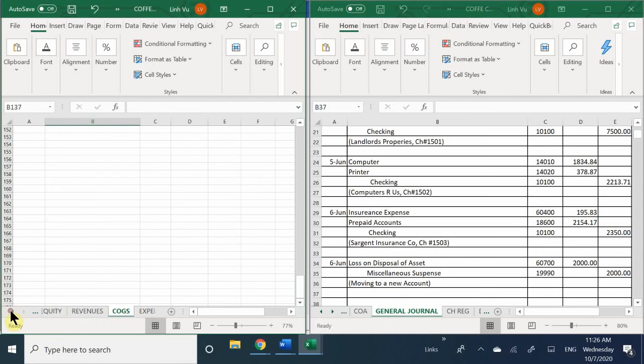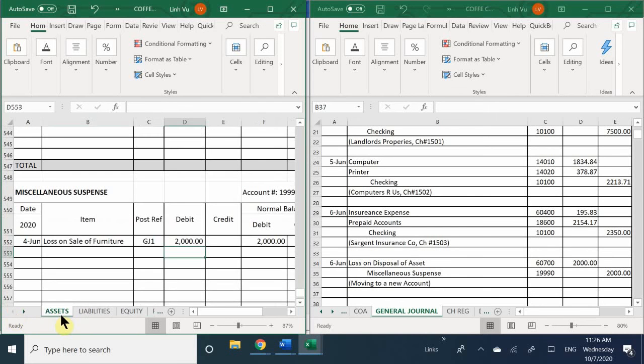Then we're going to move back to our miscellaneous expense. And this time, we are transferring the information out. So we're on June 6th. I'm going to write here that I transfer to a new account, general journal number 1, right? And we're crediting the amount for $2,000.